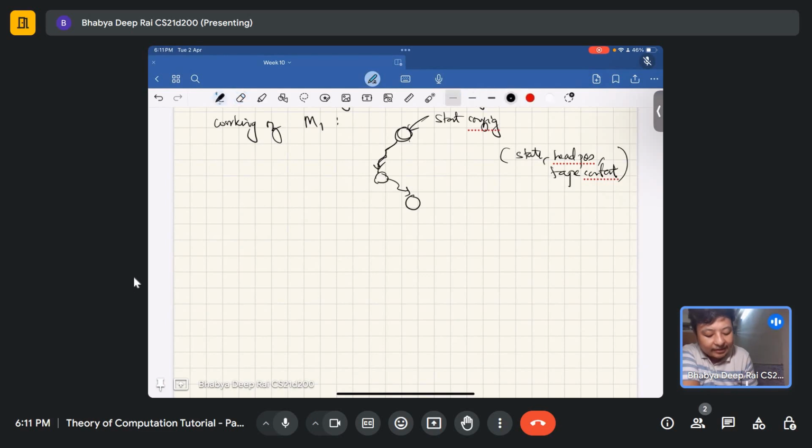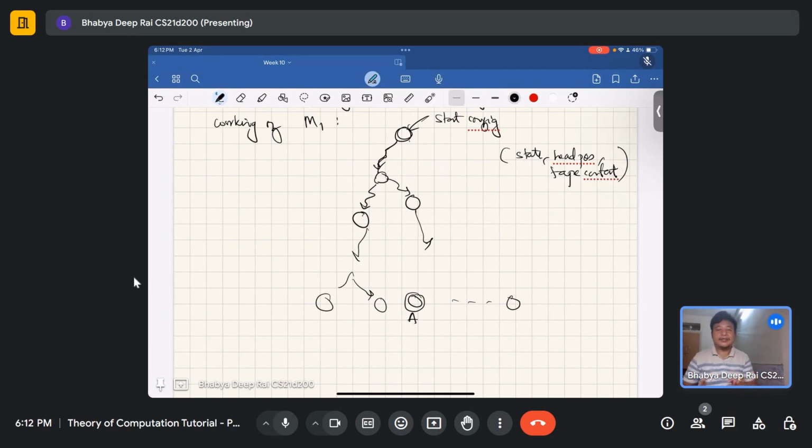In the first step, it did not make a guess. Next step, it made a guess. So there are two possibilities. It may explore the left branch or the right branch. And then it keeps making guesses on the way, and there are so many possibilities. Out of those possibilities, even if one of them leads to a final state, then the entire machine is said to accept that input. Okay, that is what it means.